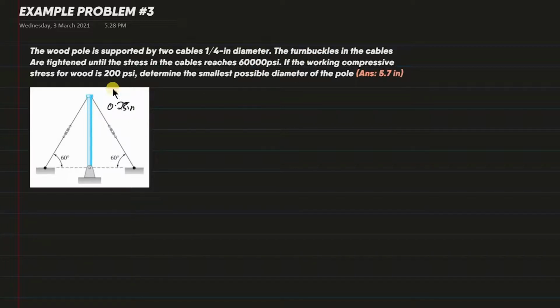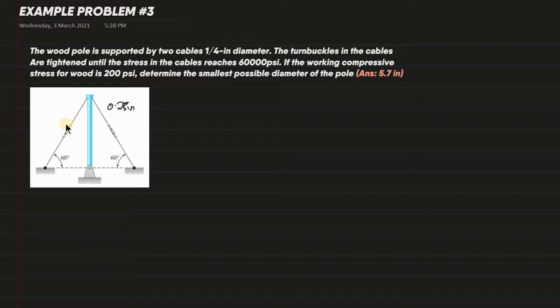The turnbuckles in the cables are tightened until the stress in the cables reaches 60,000 PSI. Okay, so ito daw mga bis, iikot nila yan para mag-tighten. Kapag na-tighten siya, syempre, mahihila yung kableng to.